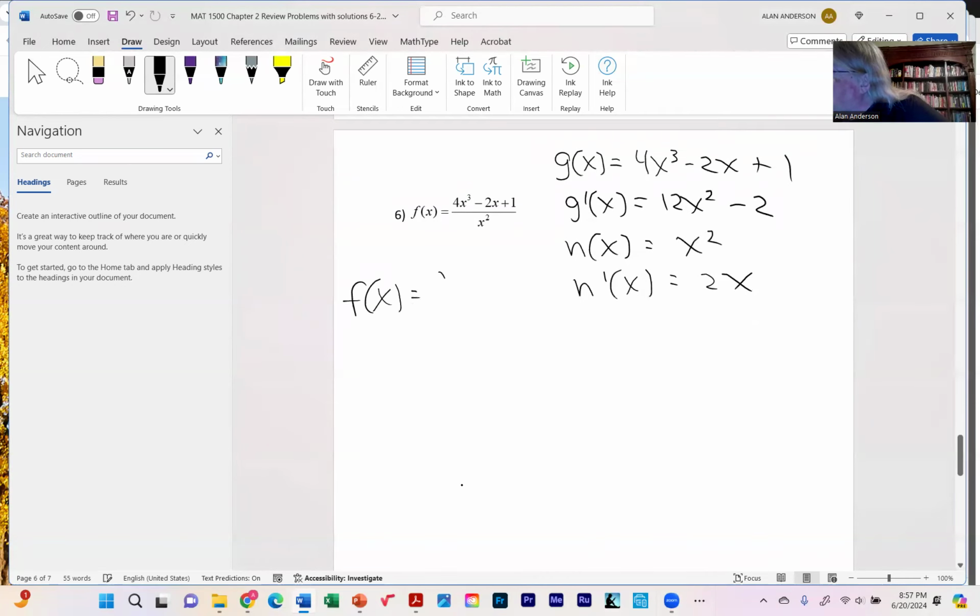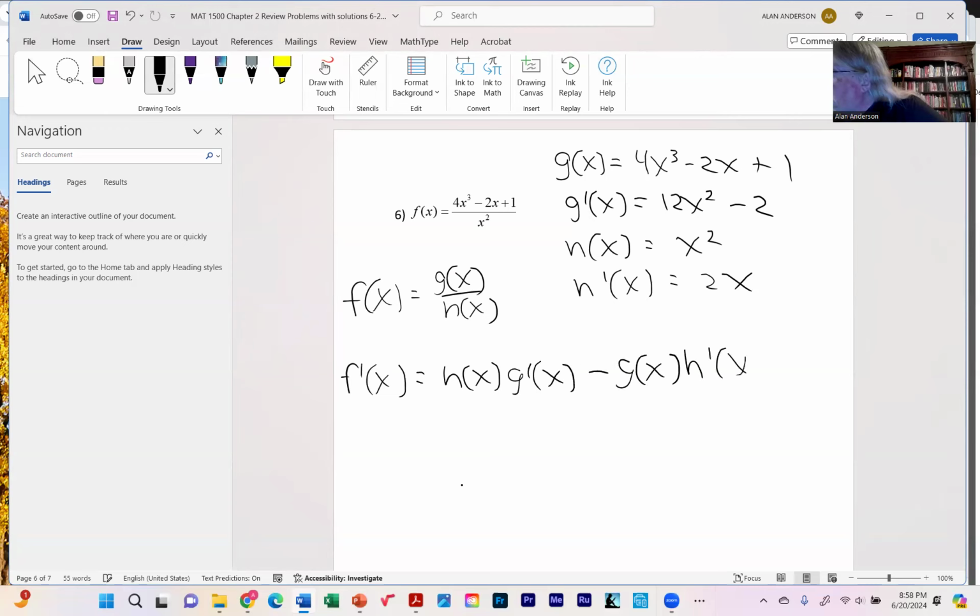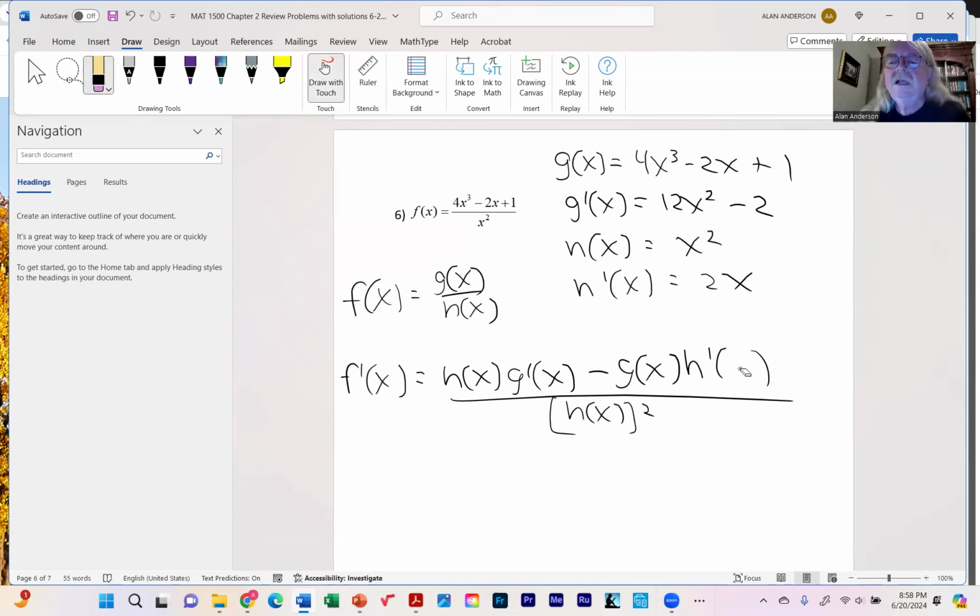Assuming f of x is g of x over h of x, we have, okay. Actually, let me neaten that up a bit. Now we just do some substitutions.